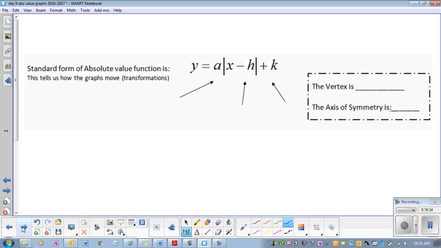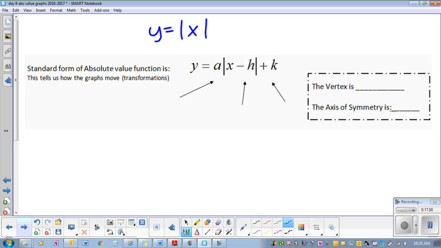All right, so let's look up at the top. Guys, the standard form of these absolute value functions is written there for you. And just by looking at this, we can talk about how this graph moved or changed from the parent function, okay? And remember, the parent function was just this guy, right?